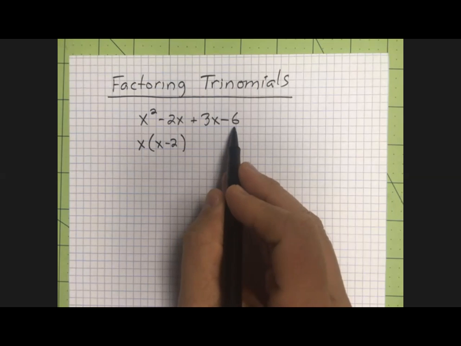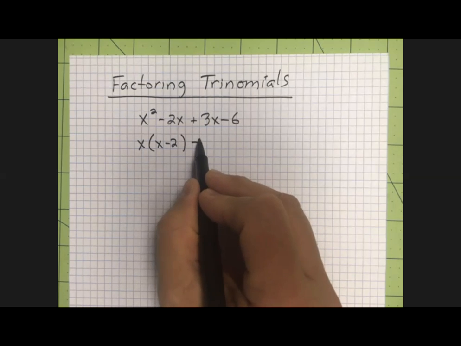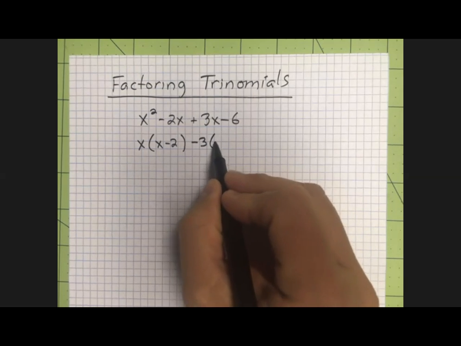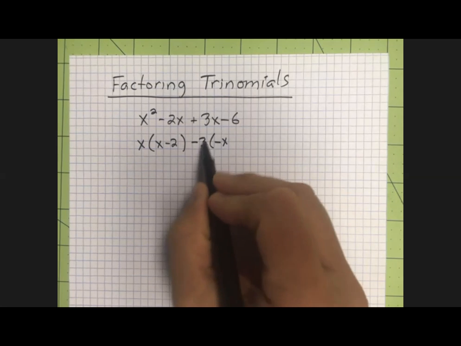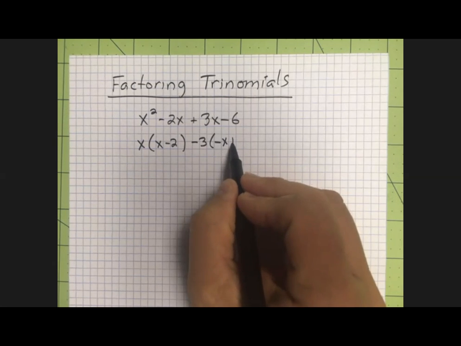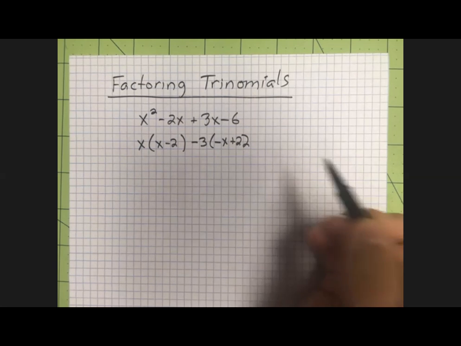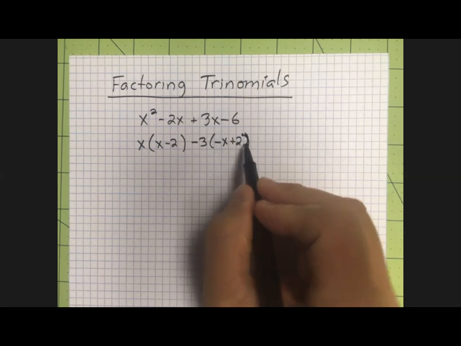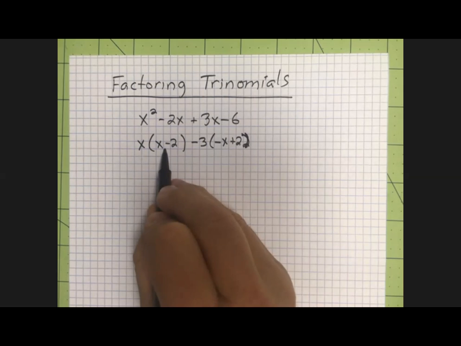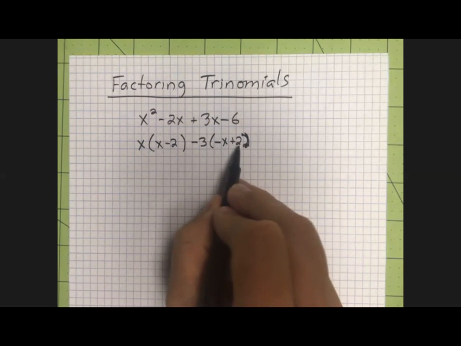These two terms have a common factor of 3. Now you should pull out a plus 3 or minus 3. Maybe I should pull out a minus 3. But that wouldn't do, because then you'd have a negative x left behind and a positive 2. Now, x minus 2 and negative x plus 2 don't match exactly.